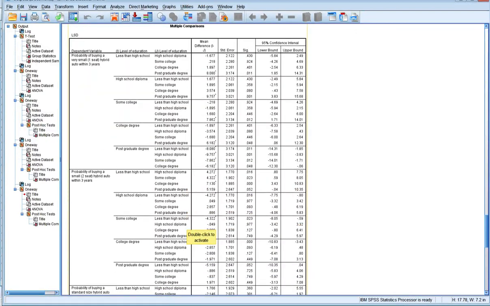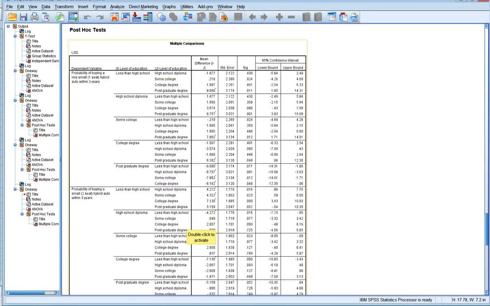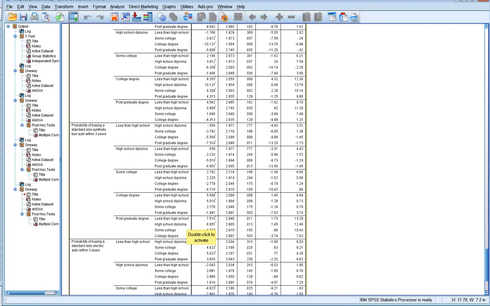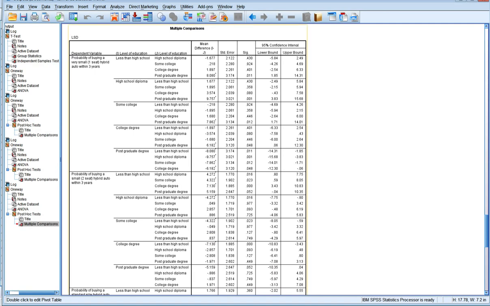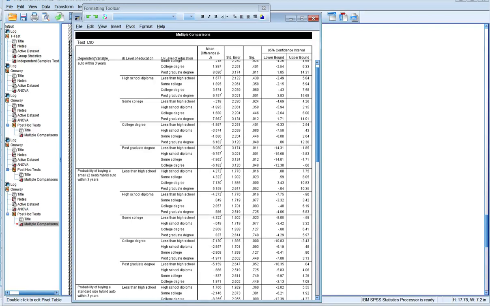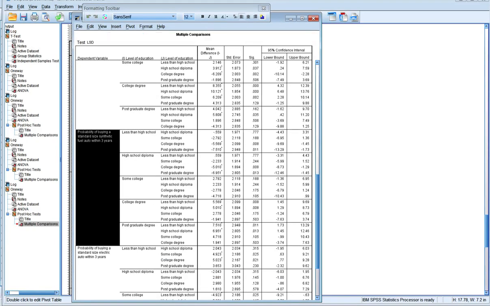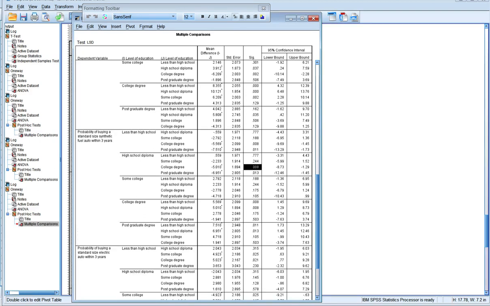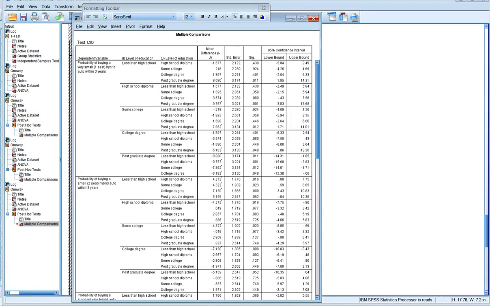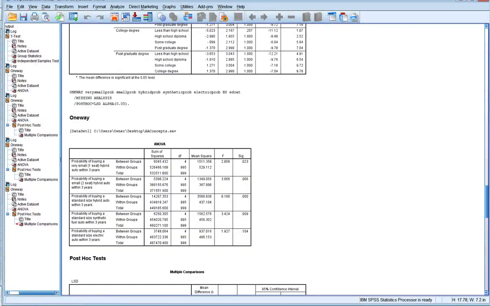It is a little more sensitive, it will show more differences, and when we go back to the fourth probability, the probability of buying a standard size synthetic fuel auto within 3 years, we now see some significant differences, which the Bonferroni post-hoc test could not see. And this is how we use post-hoc for Anova.